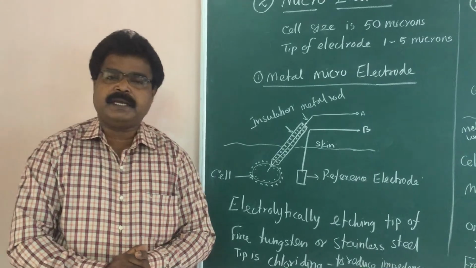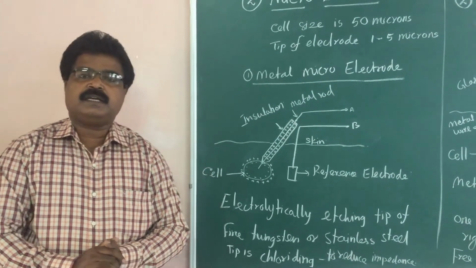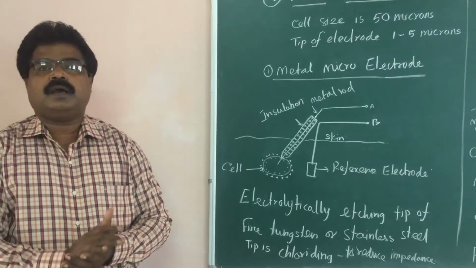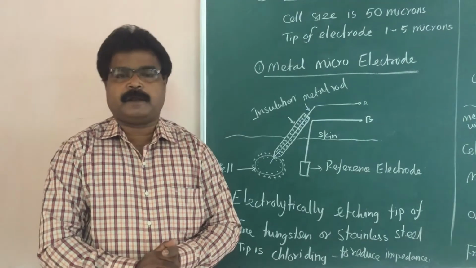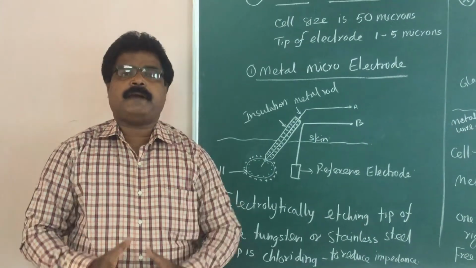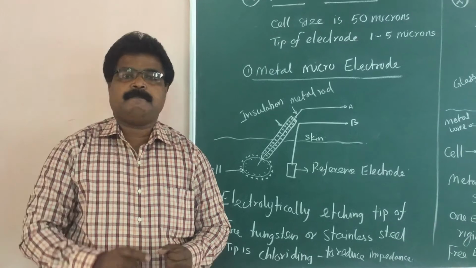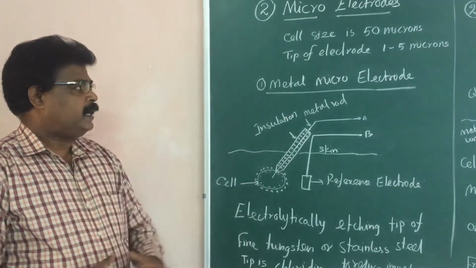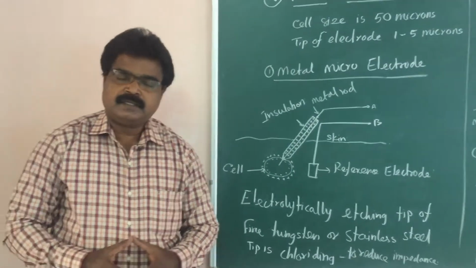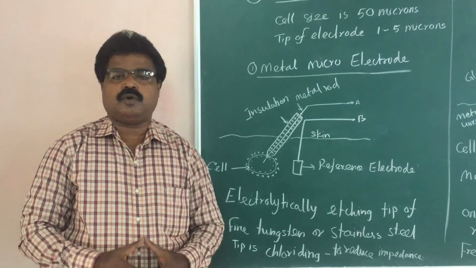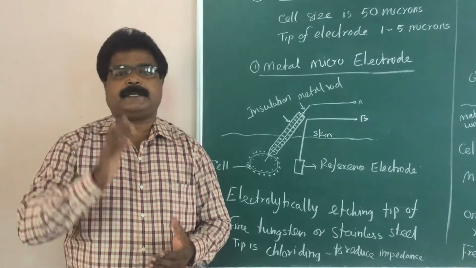The tip must be designed in such a way. There are two types of microelectrode: one is the metal microelectrode, and the second is the glass microelectrode, also called a micropipette.